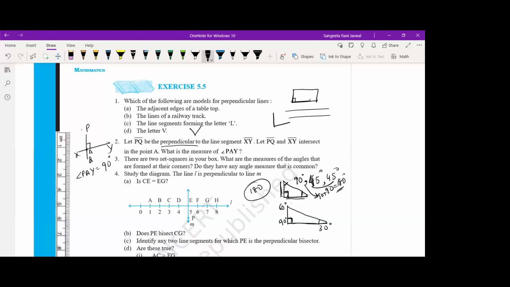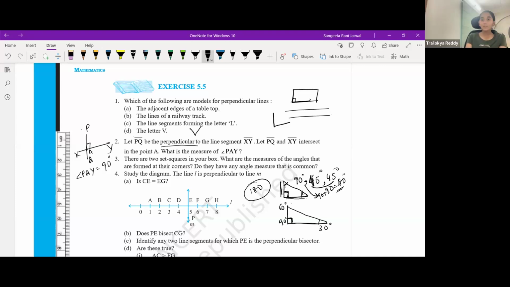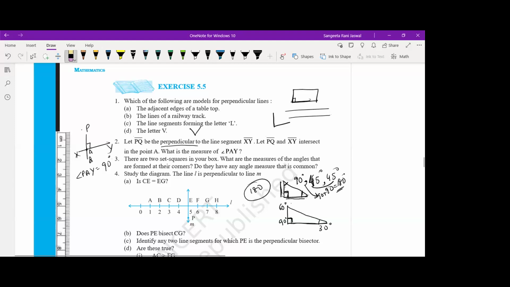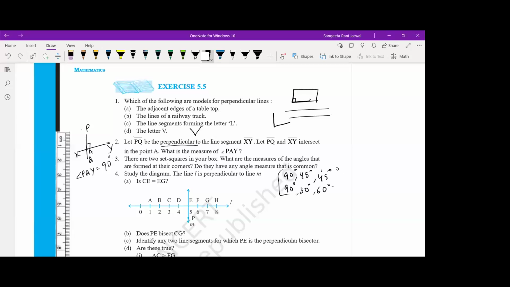Yes, children? I hope you are understanding this. Let me write it clearly for you. This set square is 90, 45, 45 degrees, and the other set square is 90, 30 and 60 degrees. These are the two set squares.